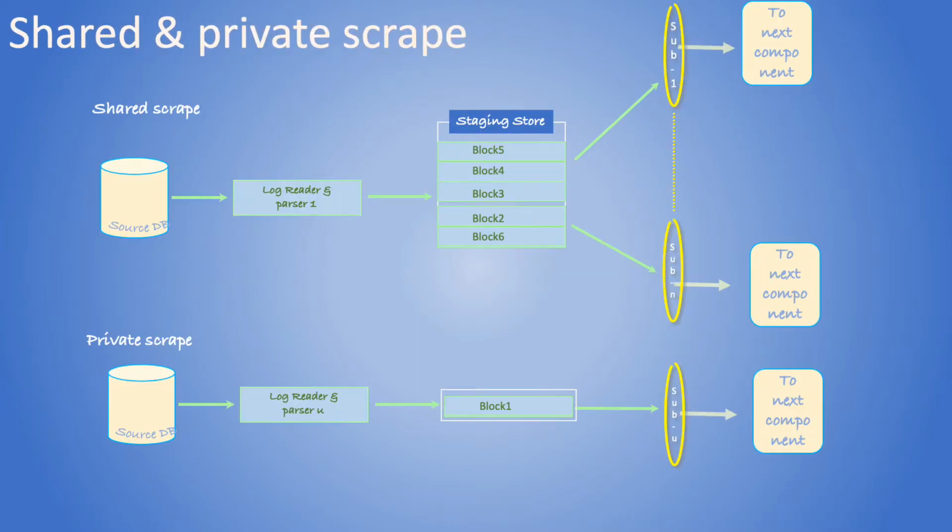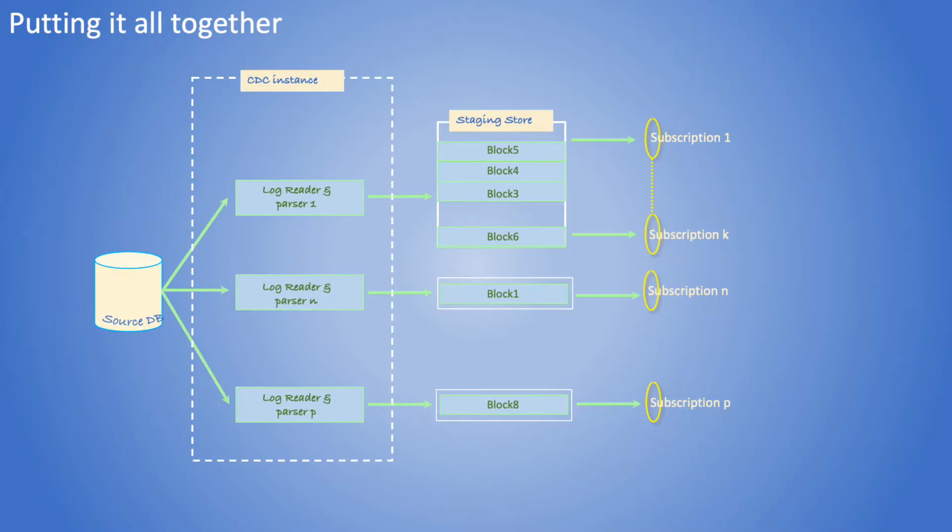This diagram illustrates that when staging store doesn't contain the required data, how both types of scrapers can coexist. Next, we are going to discuss how scrapers work in real time.